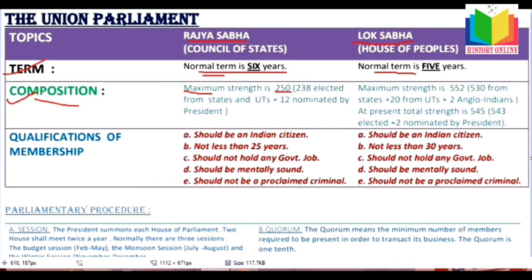Out of 250, 238 are elected from the states and union territories, and 12 members are nominated by the President.